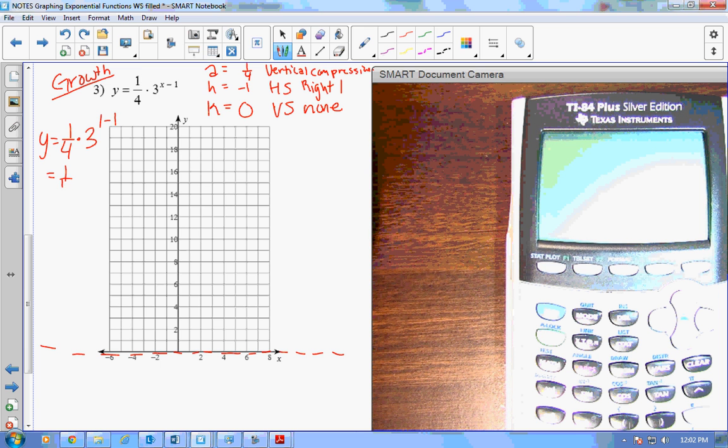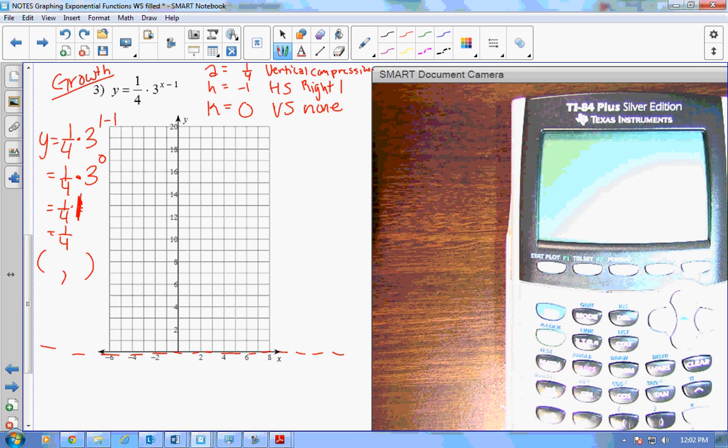So I get 1/4 times 3 to the 0 power, which is what, Elizabeth? 3 to the 0 power is 1. So we get 1/4. This is a point on the graph.